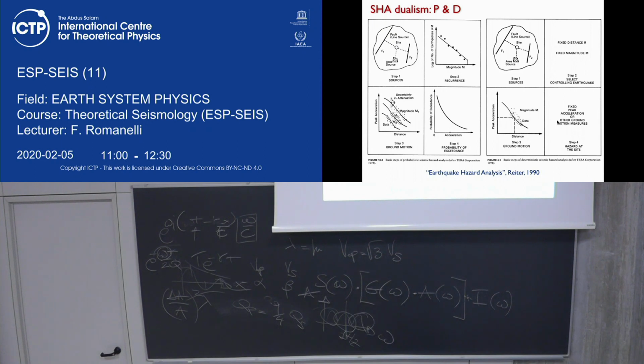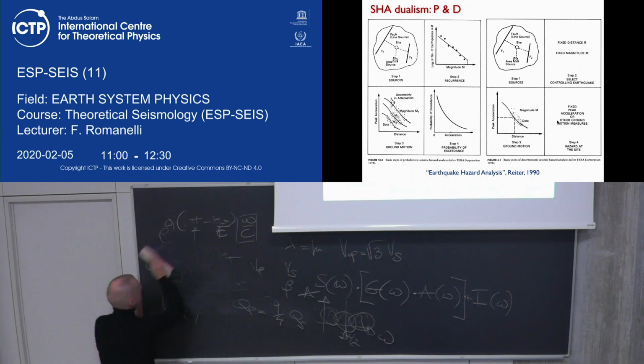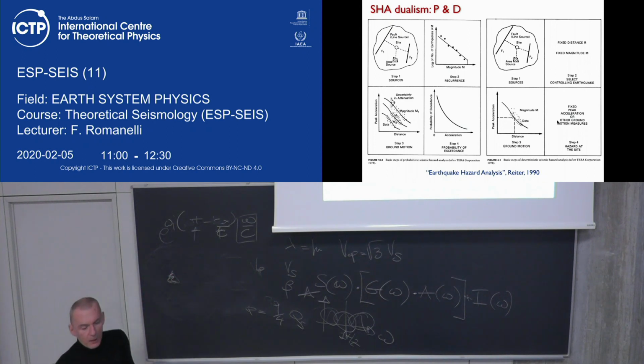Now, the basic difference is in one step. The first is common to all the hazard assessment procedures that you can imagine. Let's imagine that you have a site and you want to build, I don't know, a dam, a bridge, an NPP, or a school.